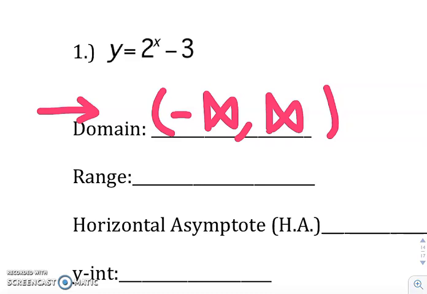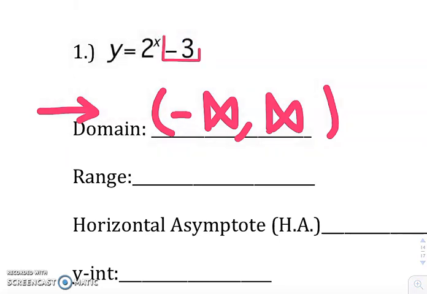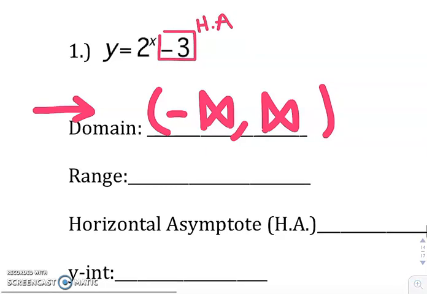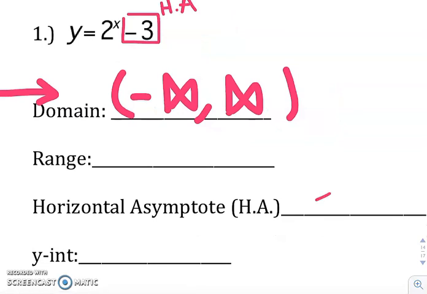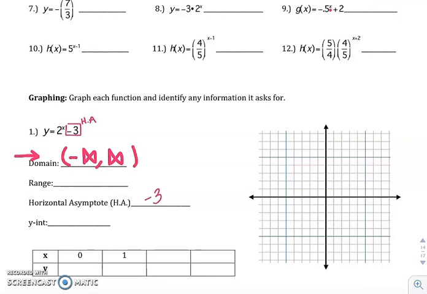Now, the horizontal asymptote is always going to be the value at the end of your equation. So for 2 to the x minus 3, the horizontal asymptote is going to be at negative 3. You can even draw that in, and I like to draw it in because as you graph, you know your graph shouldn't really be passing that line.